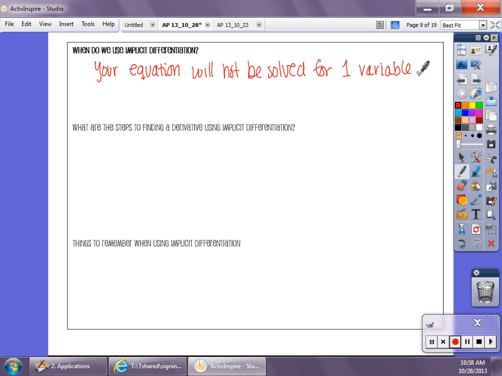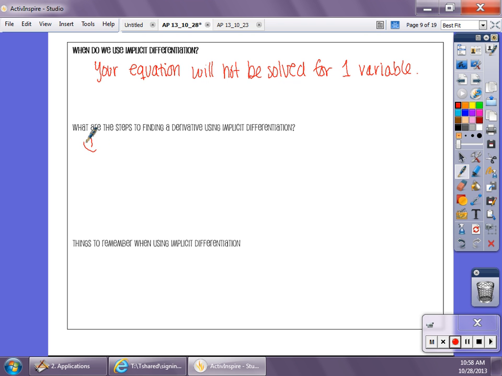The other way you could say it, your variables will be mixed together. That's how you can tell. If I give you y equals 2 cosine of x, you don't need implicit differentiation for that. But if I mix the x's and y's together, that's when you'll have to use it.